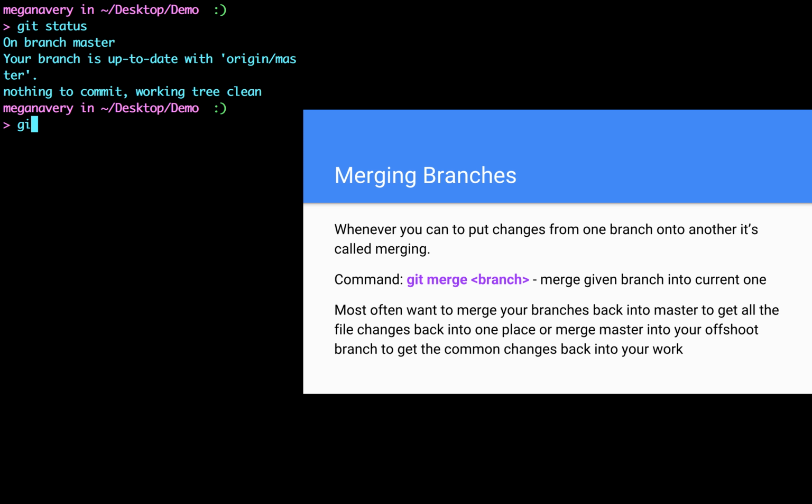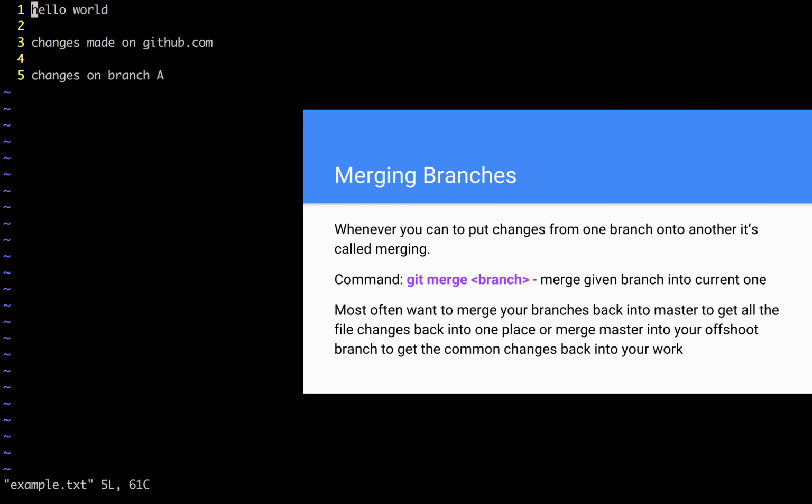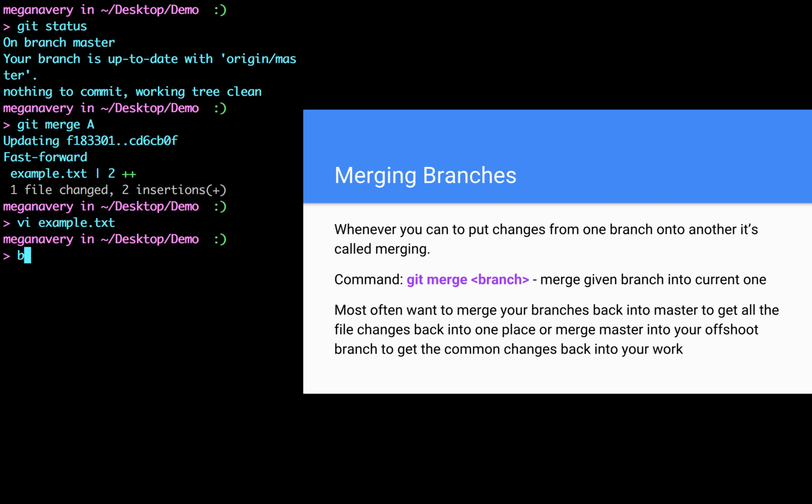So I'm going to do git merge A, and I can tell that it made a change on example.txt with one file change and 2 insertions. Now, if I look at example.txt, I can see that I have the changes on branch A, even though I know that I'm on master.